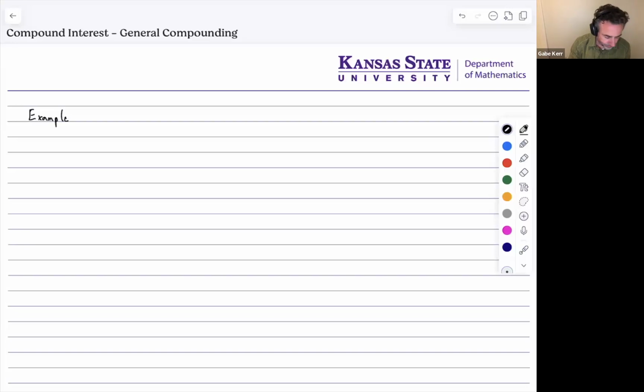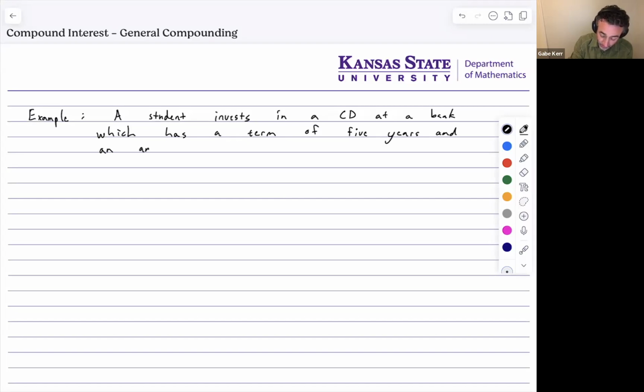So let's say a student invests in a CD, that's a certificate of deposit at a bank, which has a term of 5 years and an annual rate, or an APR, of, we'll say, 8%.